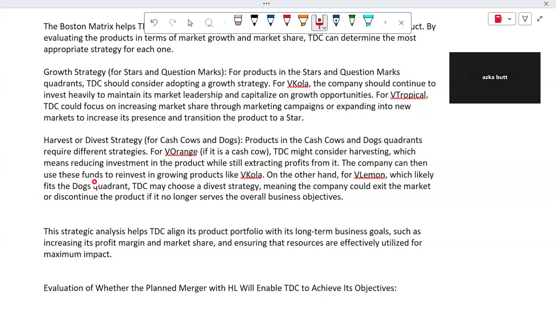The company can then use these funds to reinvest in growing products like V Cola. On the other hand, for V Lemon, which likely fits the dog quadrant, TDC may choose a divest strategy, meaning the company could exit the market or discontinue the product if it no longer serves the overall business objectives.